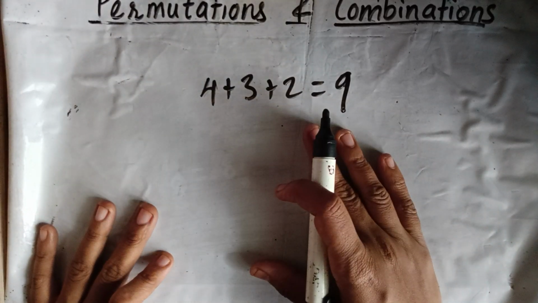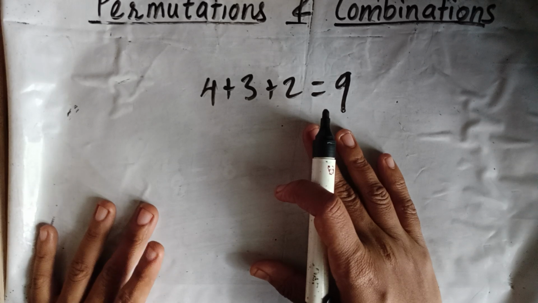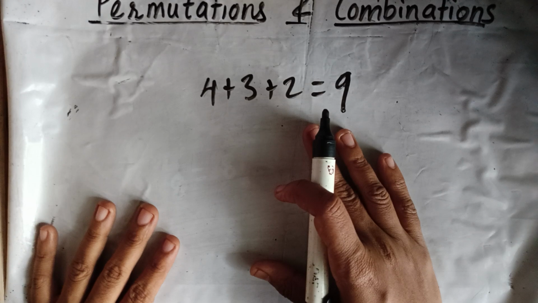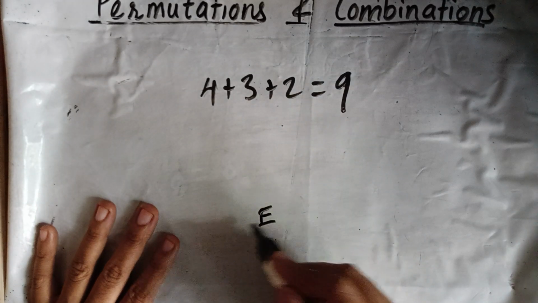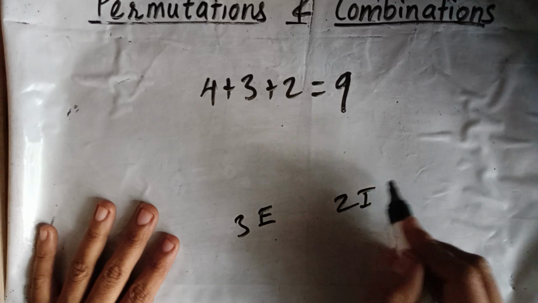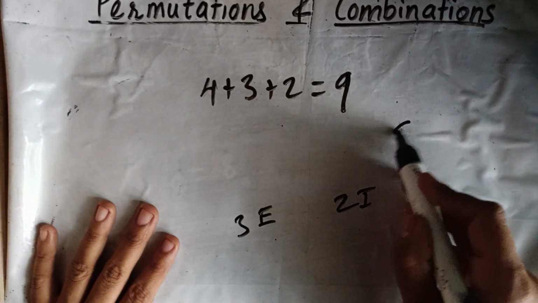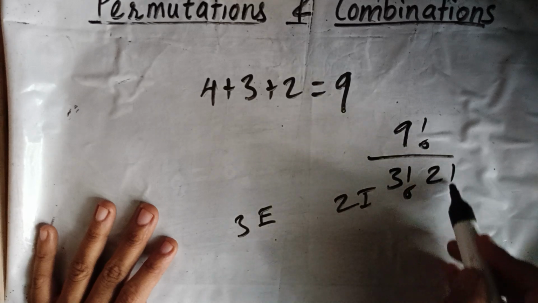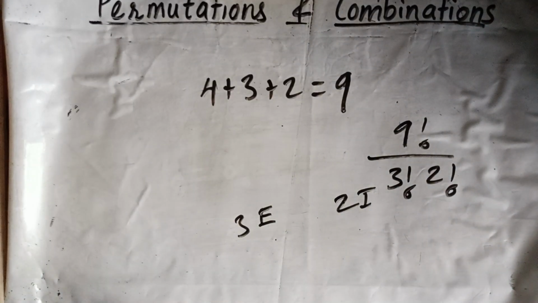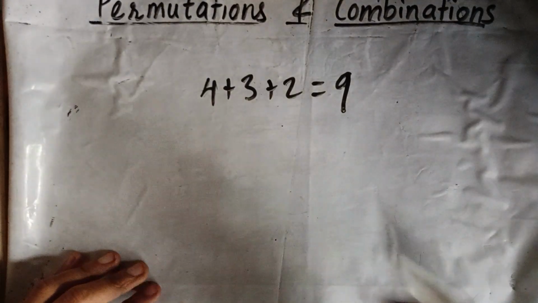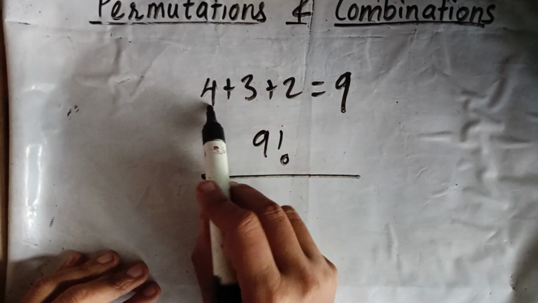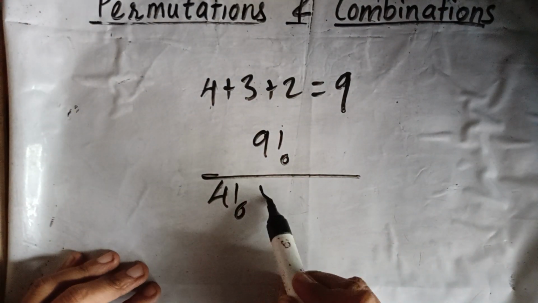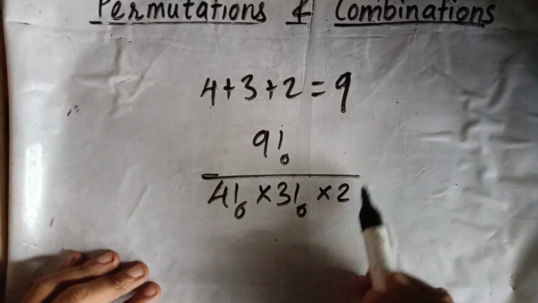This is like when we have same letters. When you have 3 E's, 2 I's in a word and total letters are 9, then we take 9 factorial upon 3 factorial into 2 factorial. So the permutation is 9 factorial upon 4 factorial into 3 factorial into 2 factorial.